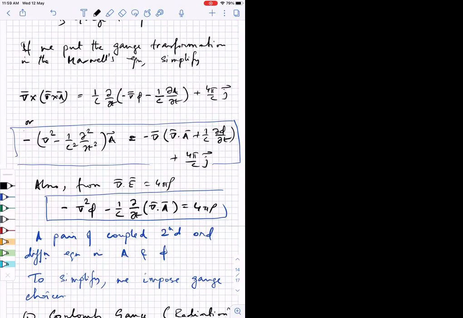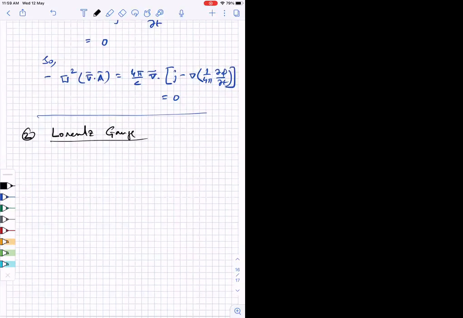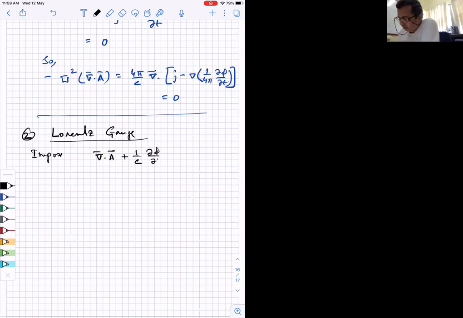In this first equation, on the right hand side, there is a divergence of A plus 1 by C del phi del t term, right? I can put that equal to 0. So in the Lorentz gauge, what we impose is divergence of A plus 1 by C del phi del t is equal to 0.